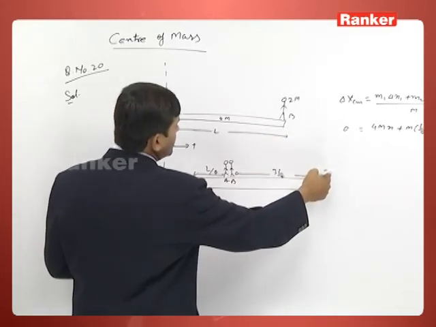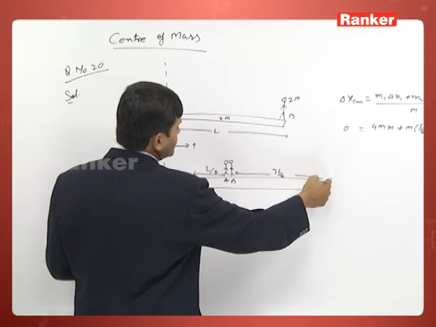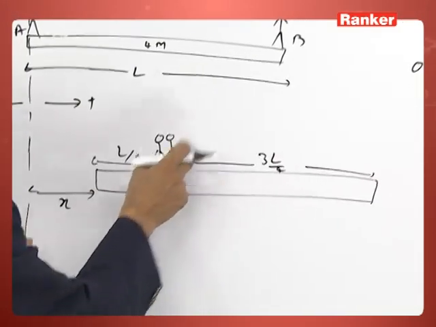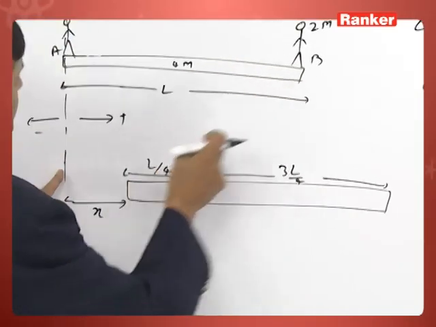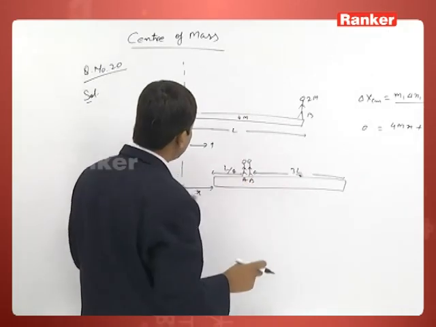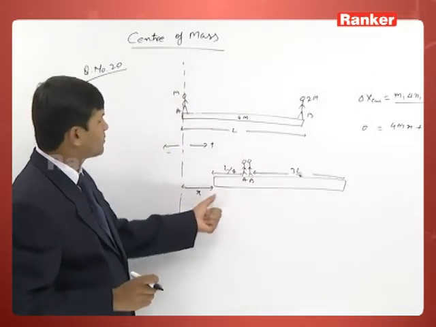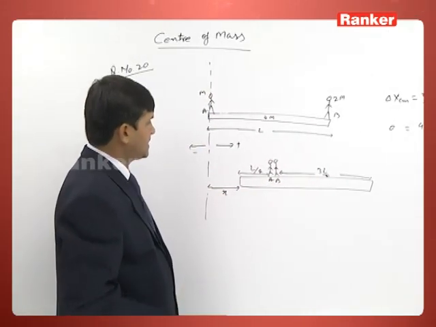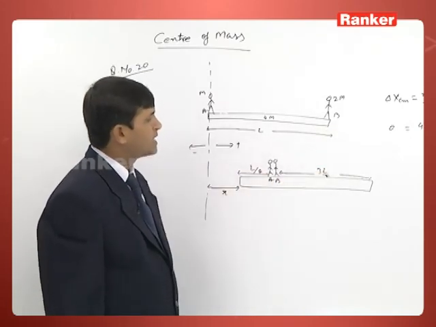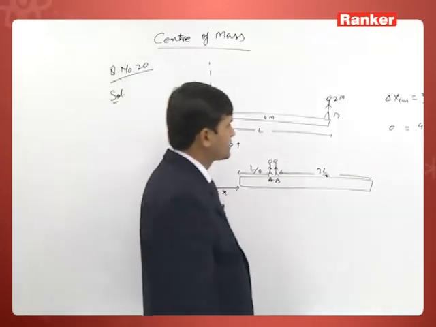Now earlier he was here, now he is here. So the change is here L plus x minus 3L by 4.